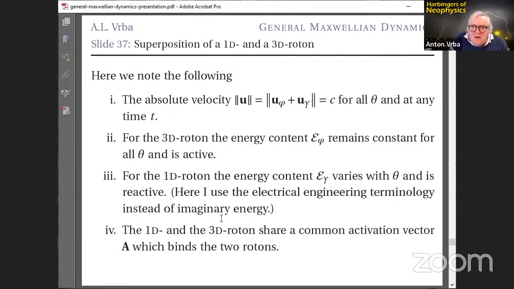And for the 1D roton, the energy content varies with theta and is reactive. Here I use the electrical engineering terminology instead of imaginary energy.